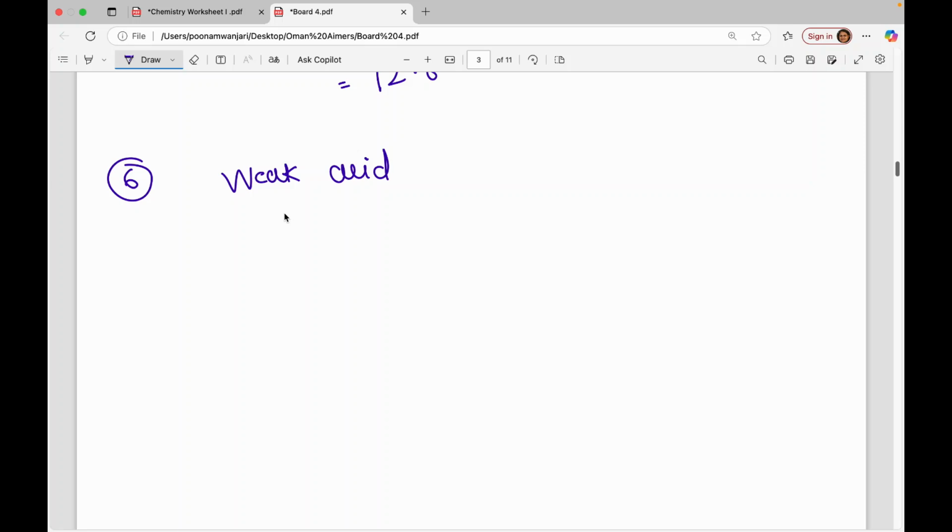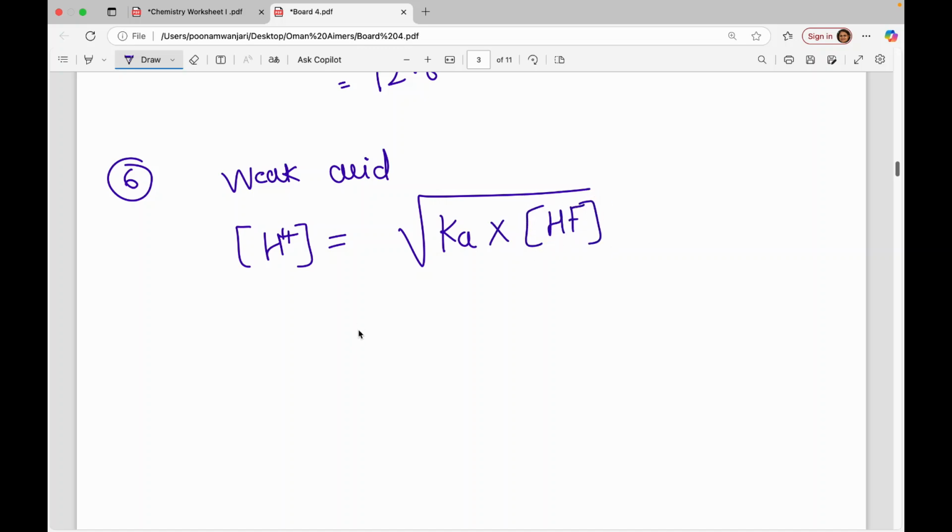The weak acid formula, as you know, for H plus, because we have already derived this formula many times. So directly we will use the formula: dissociation constant into concentration of acid. So Ka, we will put the value of Ka here, the dissociation constant, that is 6.8 into 10 to the power minus 4 into 0.05.